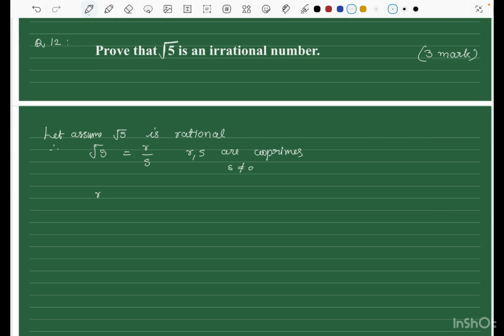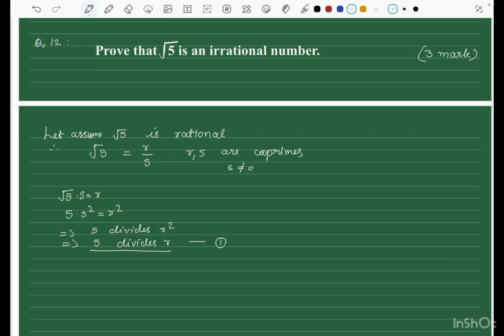Then we can write root 5 into s equal to r. Squaring, we get 5 into s square equal to r square, which implies 5 divides r square, that is, 5 divides r.